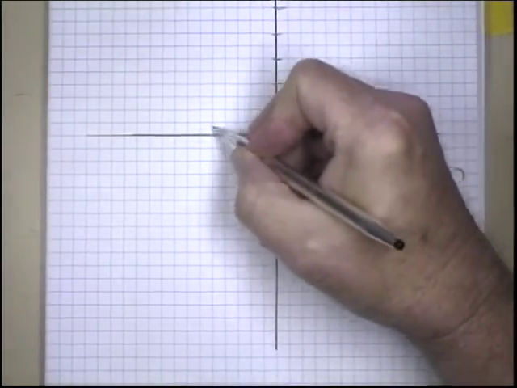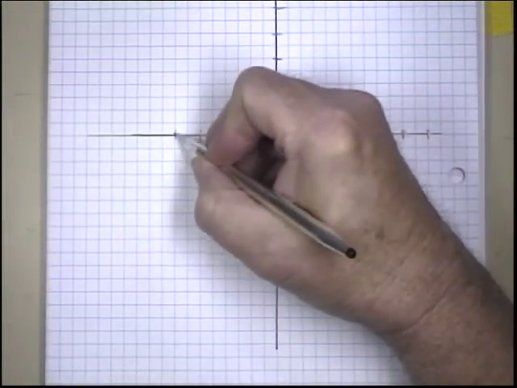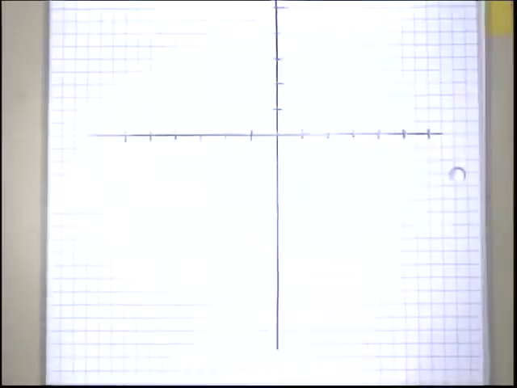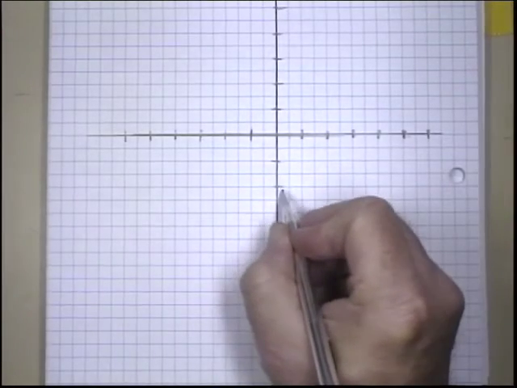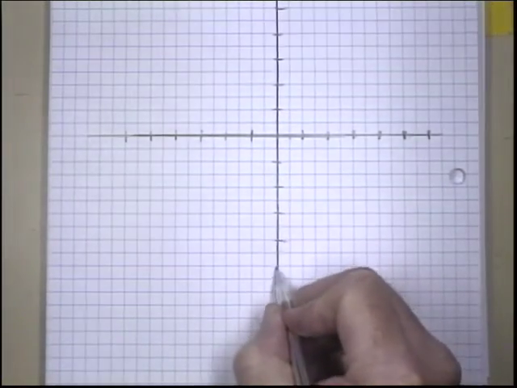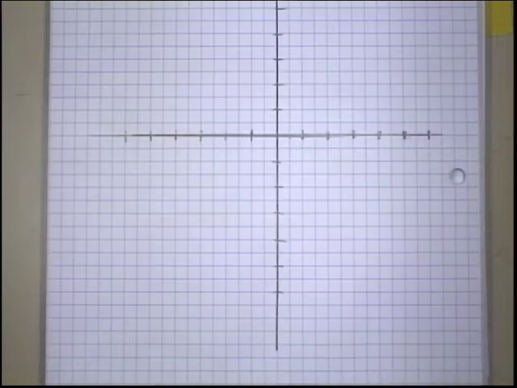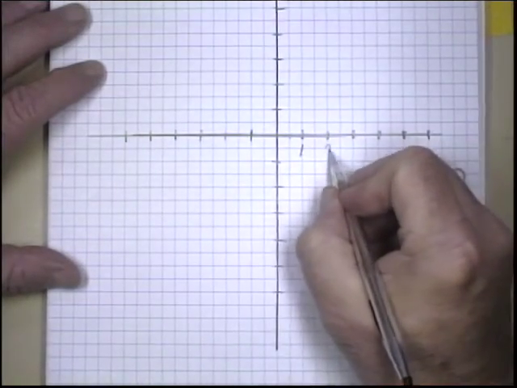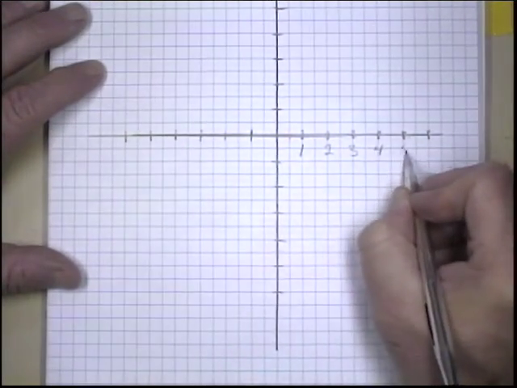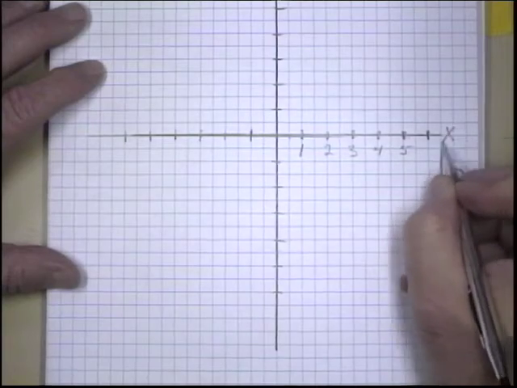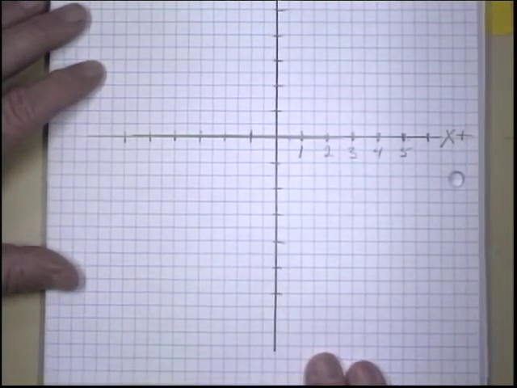I'll go ahead and number these, 2, 3, 4, 5. That's probably enough. This is my x-axis. This is the positive side.